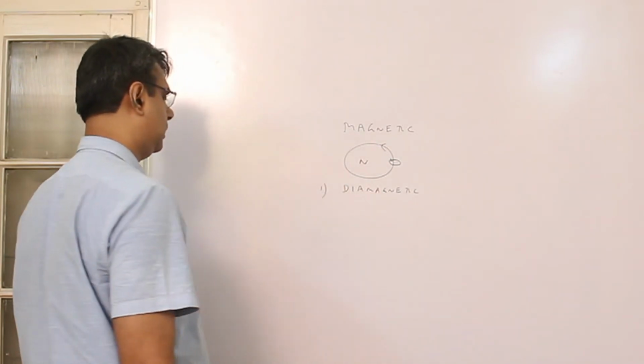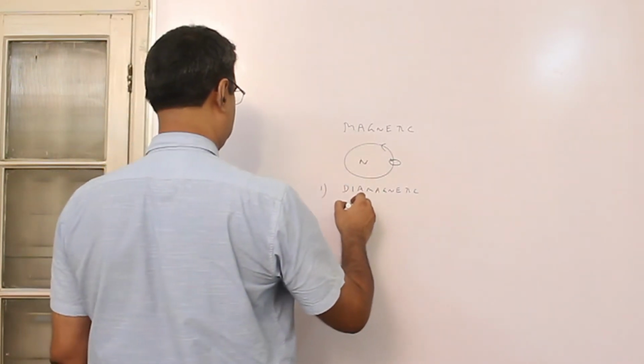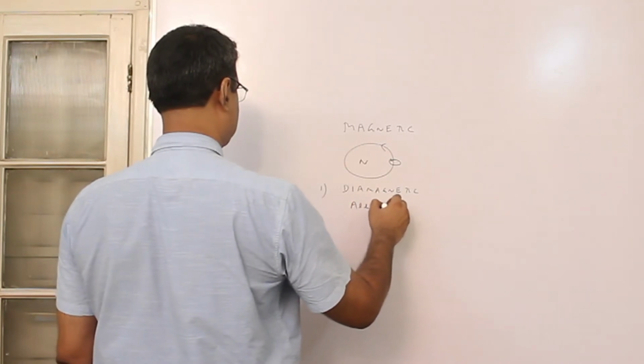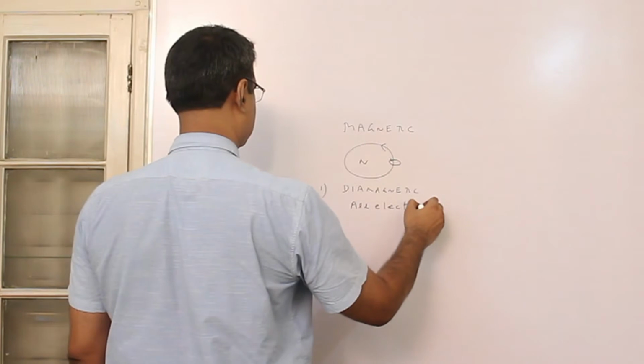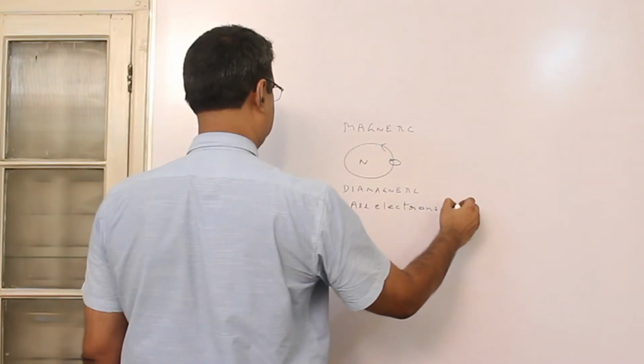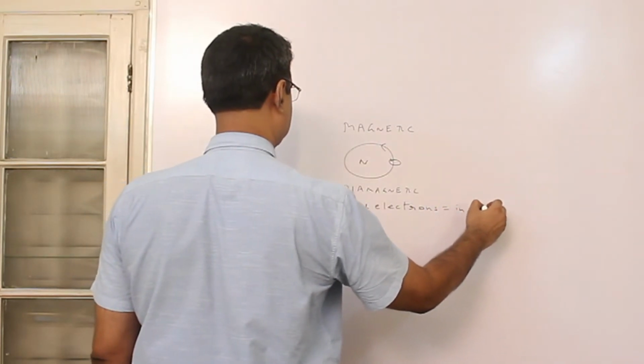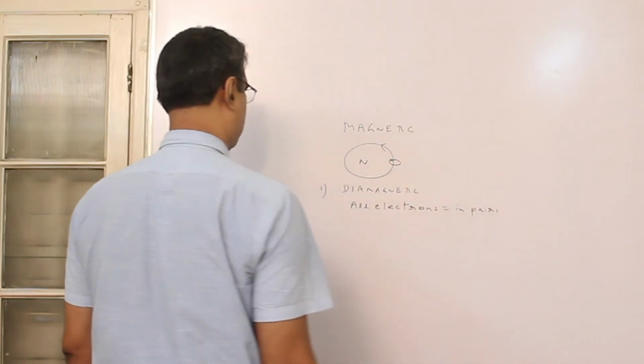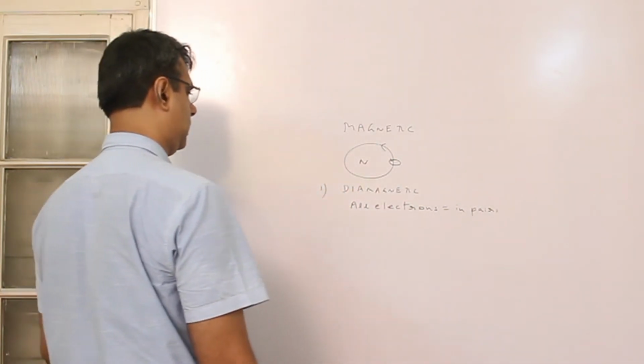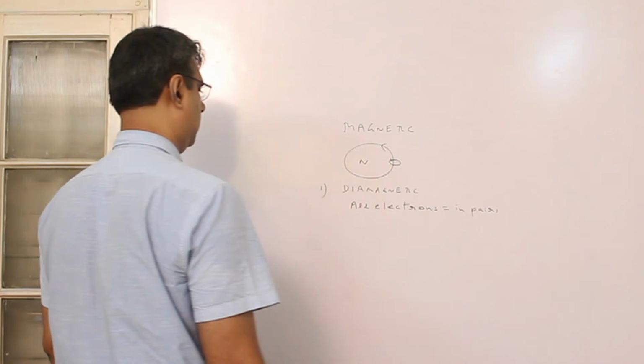There is a category of substances known as diamagnetic. In diamagnetic substances, all the electrons are in pairs.